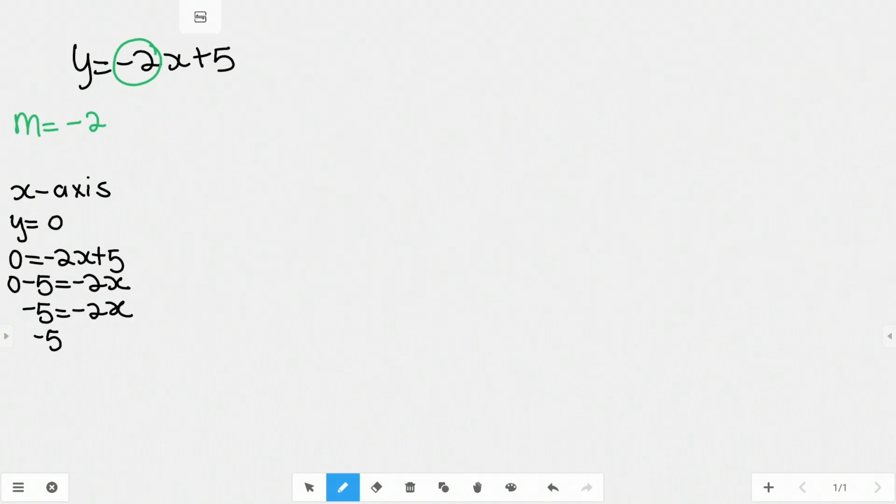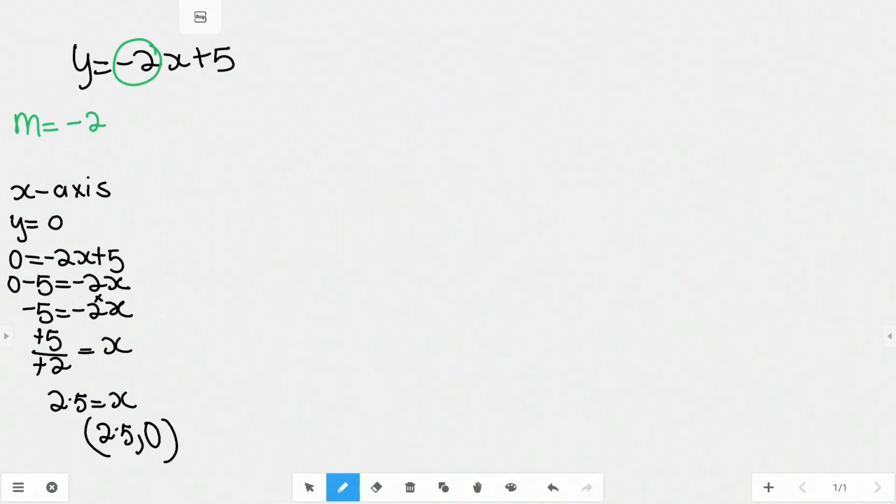When we carry across the negative 2, because it's multiplying, it now divides. So we have negative 5 divided by 2 is equal to x. Because they're dividing, the two negative signs cancel out. So we're just left with 5 over 2 is equal to x, or as a decimal, 2.5 is equal to x. So the coordinate where it cuts the x-axis is x equal to 2.5 and y equal to 0.